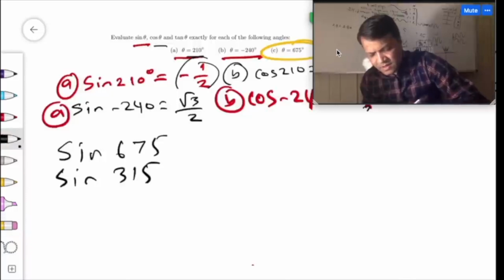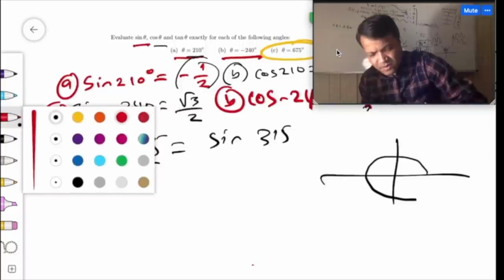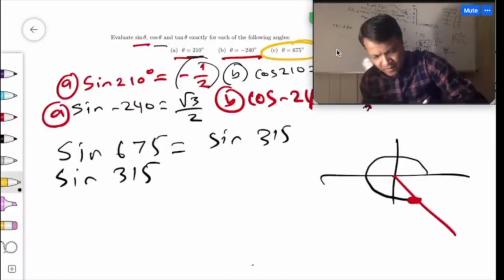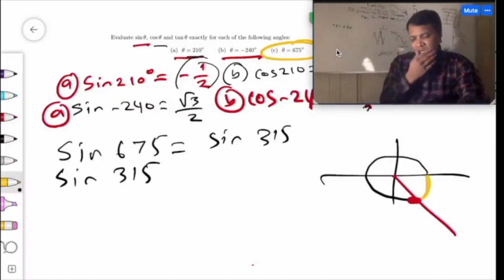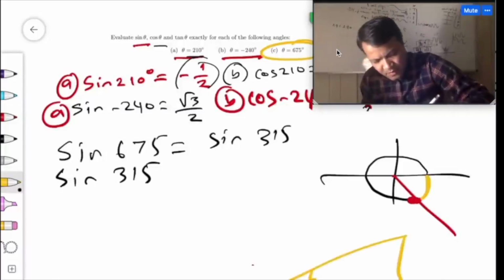Where is sine 315? Sine 315 is right here, so that means this is 45. We are talking about a 45 degree angle this time.